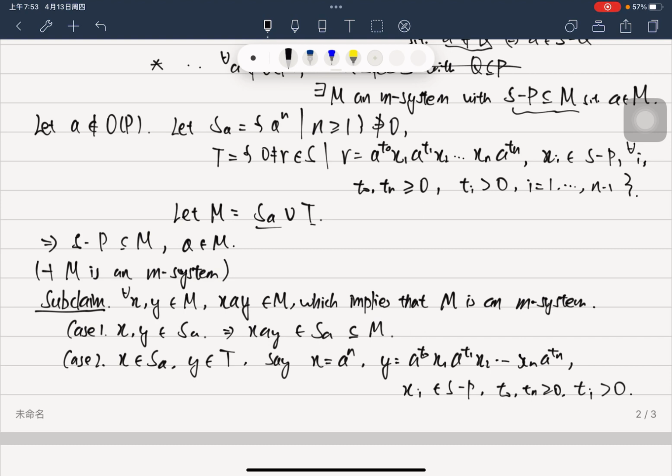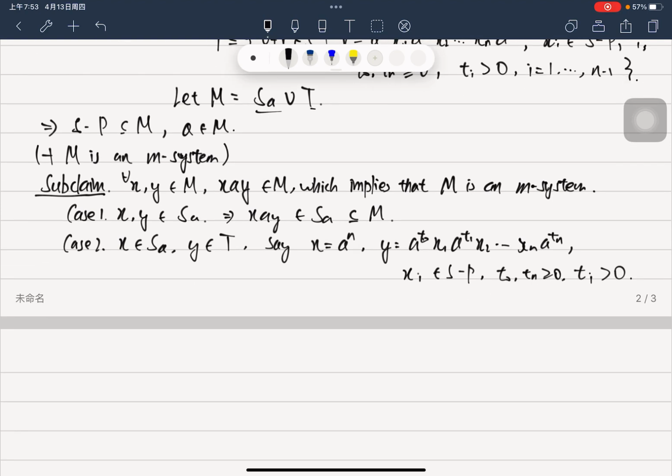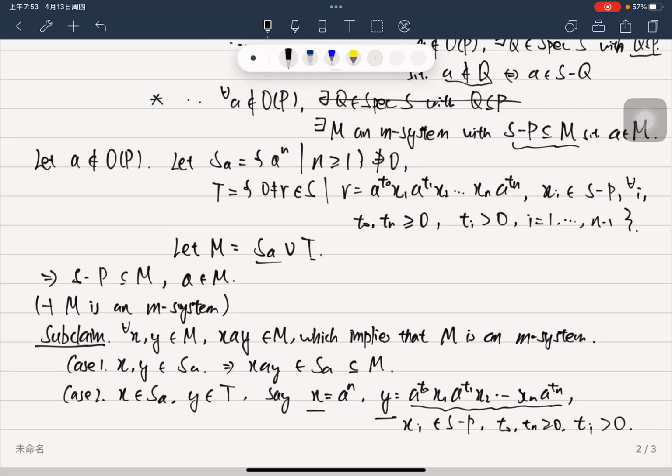And here we have a subclaim. We have this one: XAY is non-zero. Why am I going to prove this one? Because XAY is also of this form in T, but if I want XAY to be in T, I should prove that XAY is non-zero.